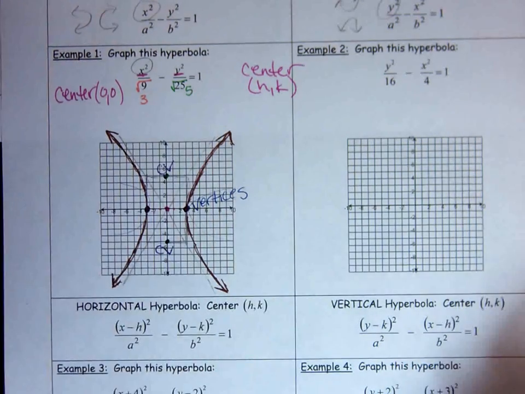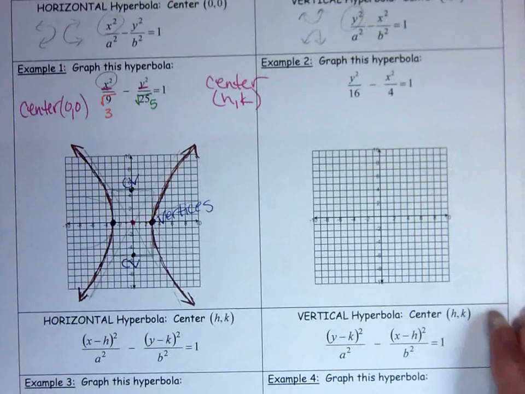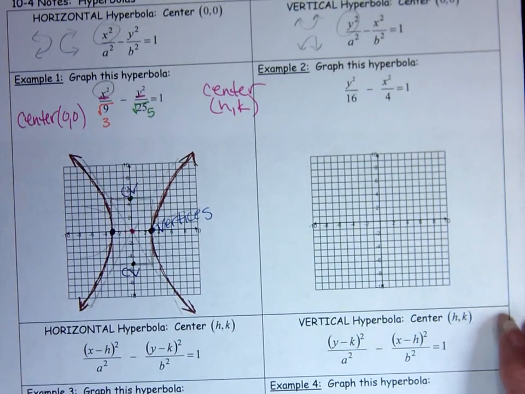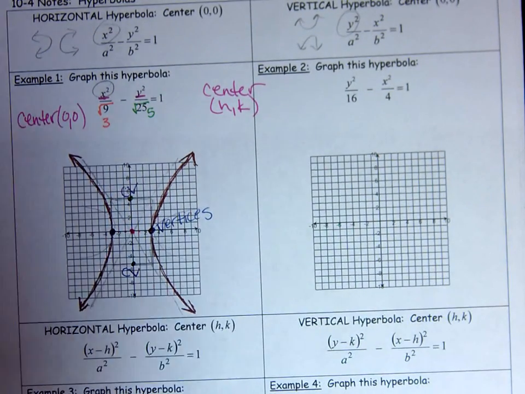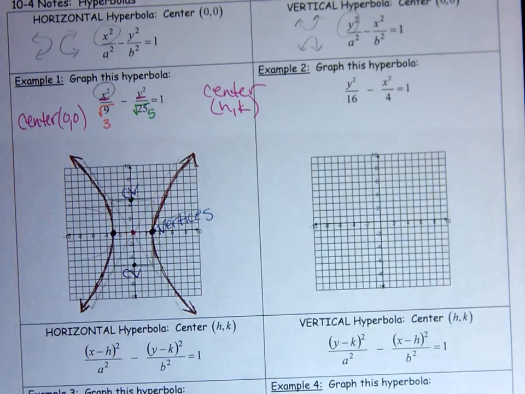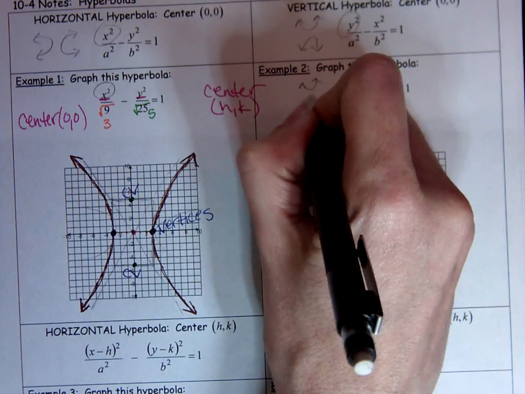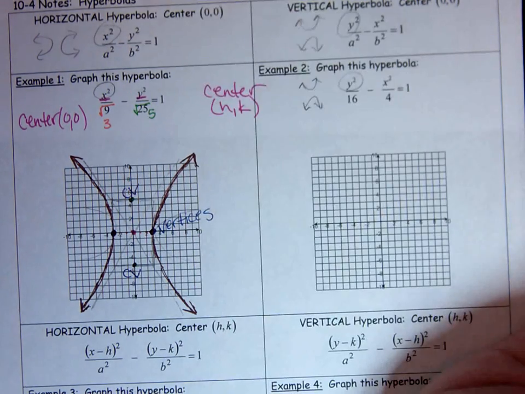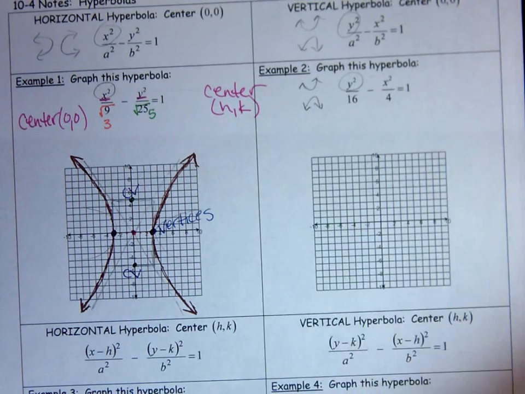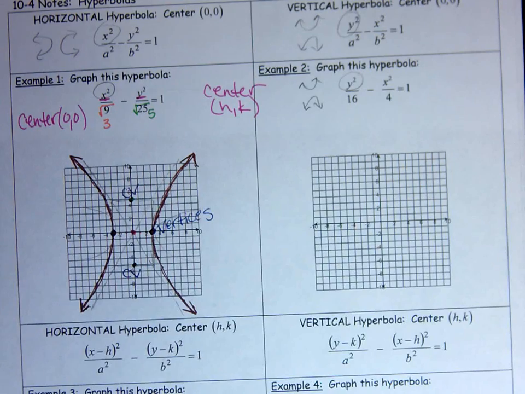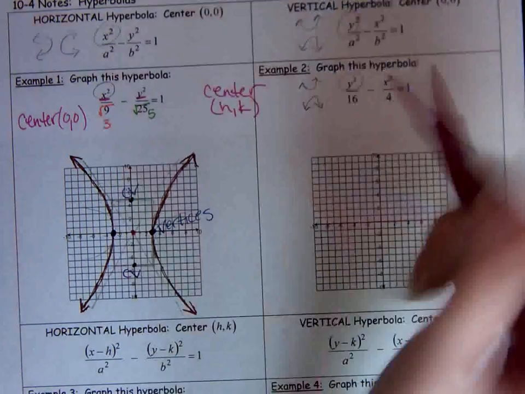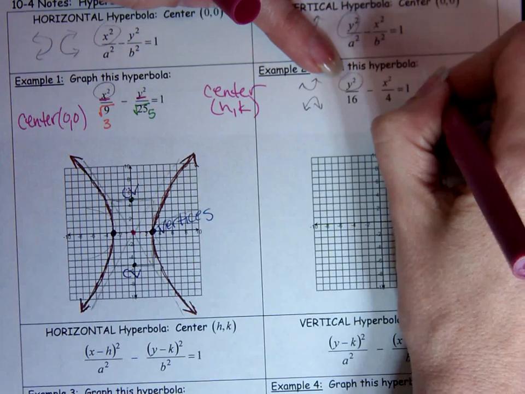So we'll follow the same process, but in example 2, we know that it's going to open vertically because the y is in front. So again, we can see that our center is at (0, 0). There's nothing in there with the squared variables.